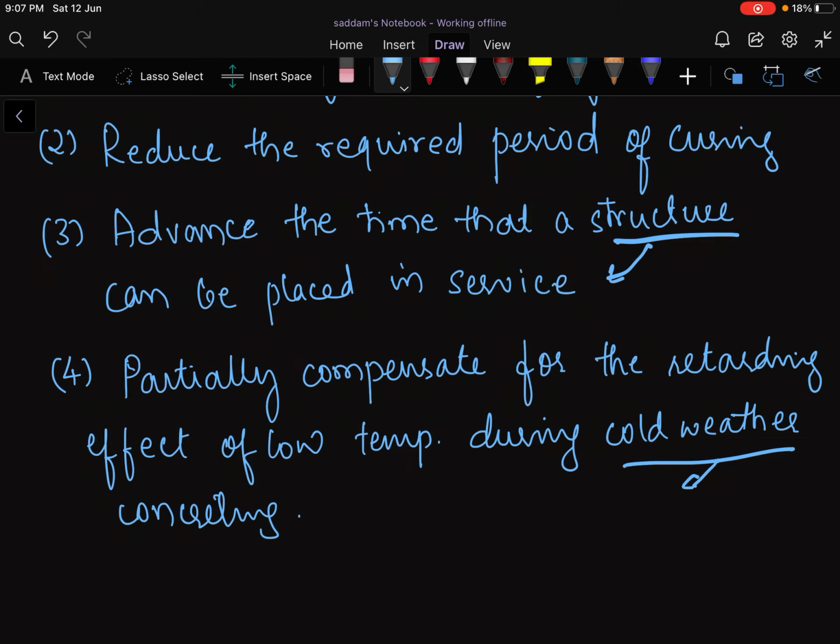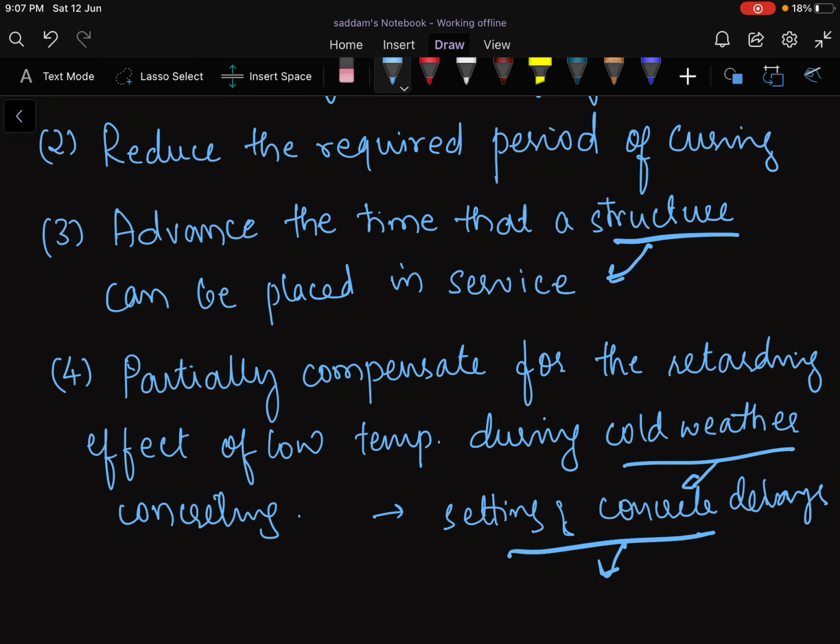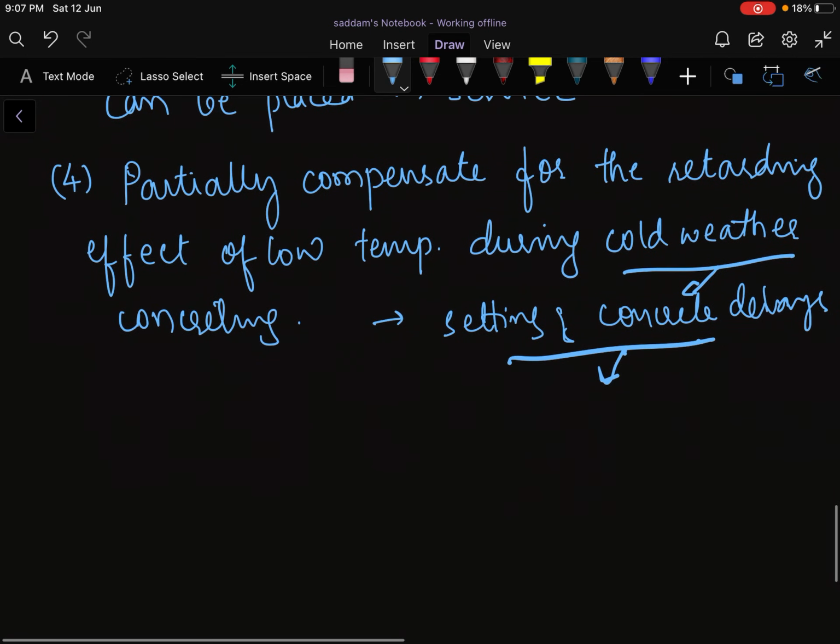Because of that, setting of concrete delays. In this situation we can make use of accelerating concrete so that the setting of concrete is earlier.